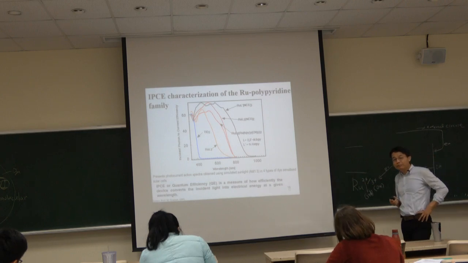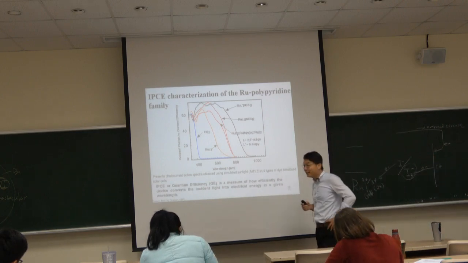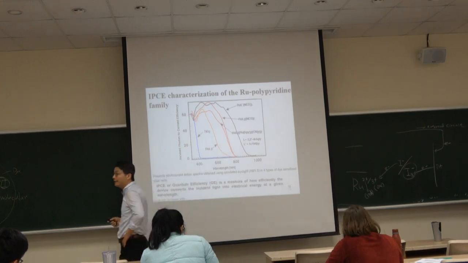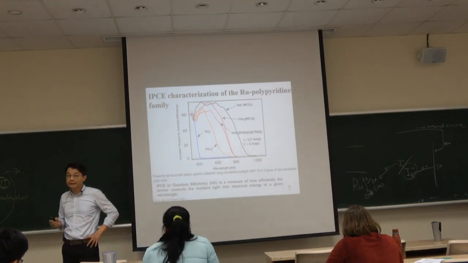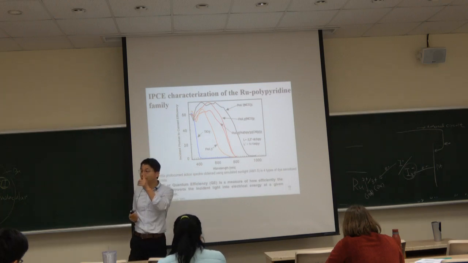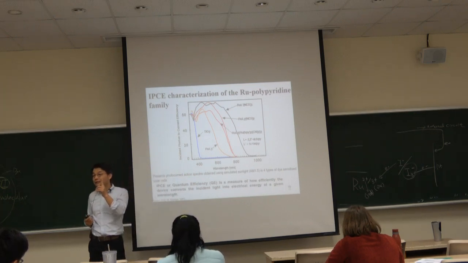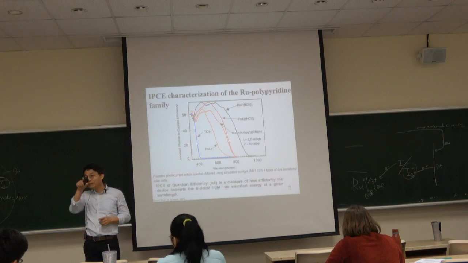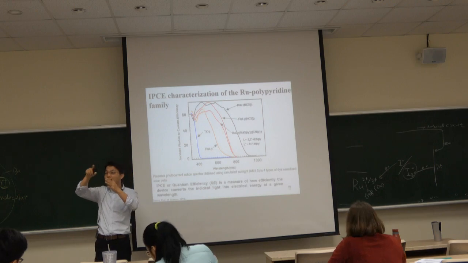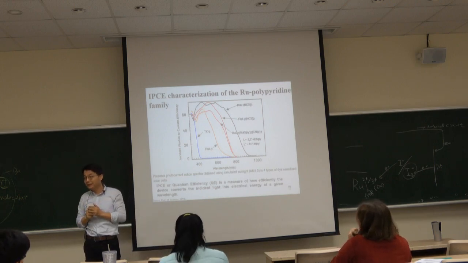So this is another advantage compared with the solid state photovoltaic, because a solid state photovoltaic has only one absorption edge. For example, silicon is 1.1 eV, so the absorption edge will be maybe 600 to 800 nanometers, something like that.